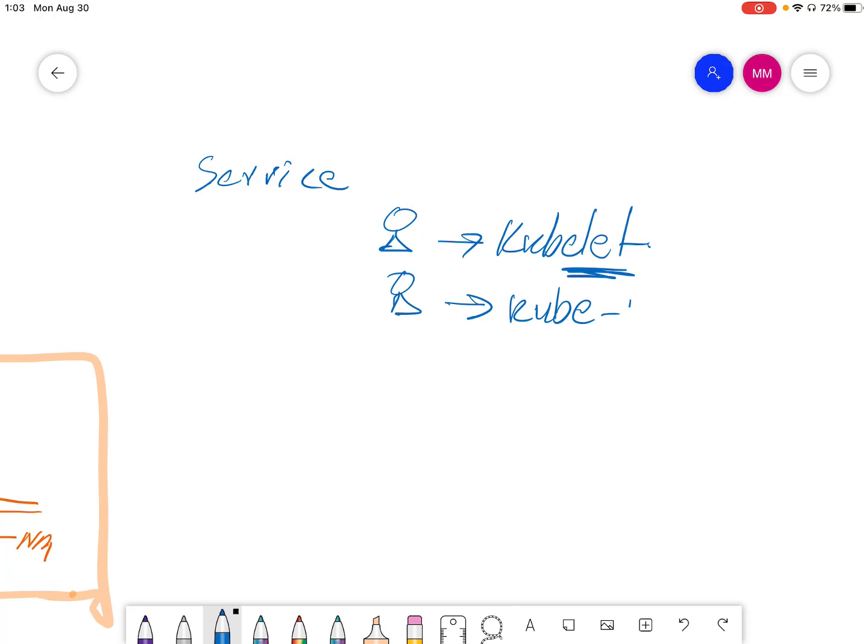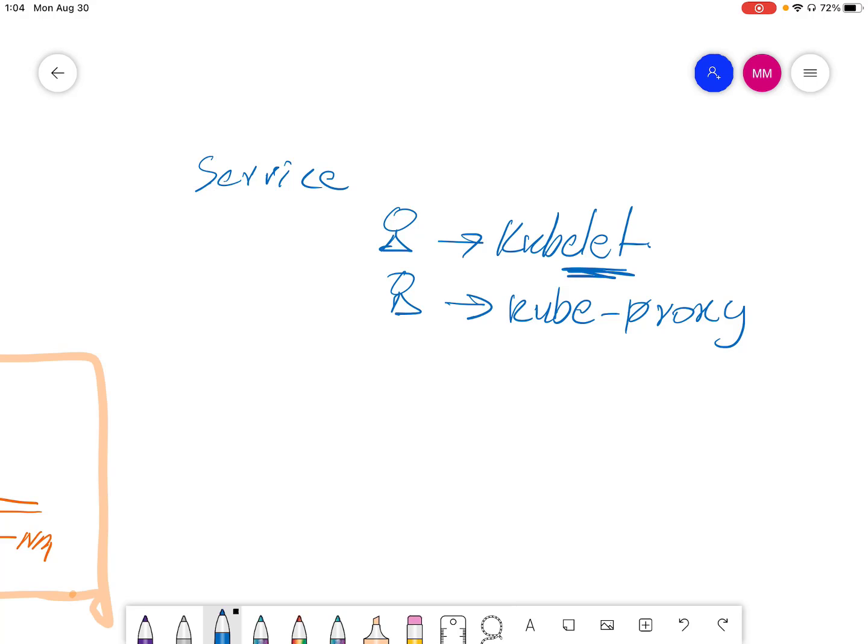So this kube proxy is there for making our applications talk to each other. They keep track of what is going on in the cluster, and they help you reach out.